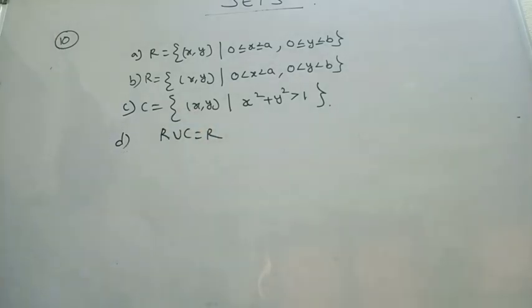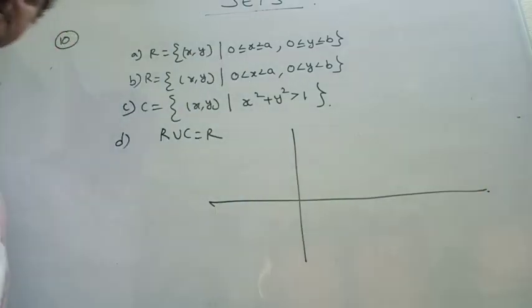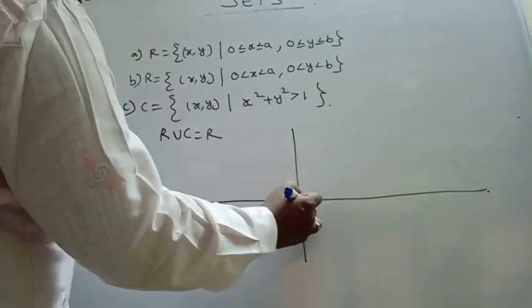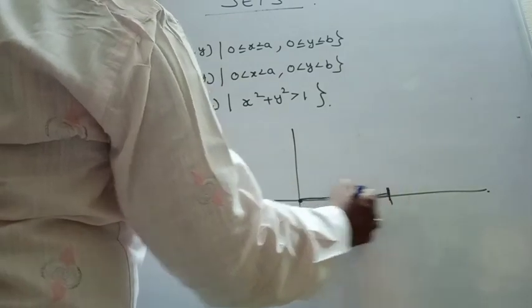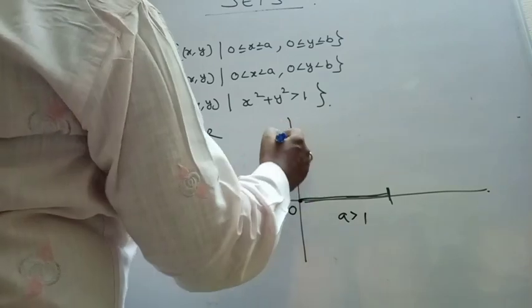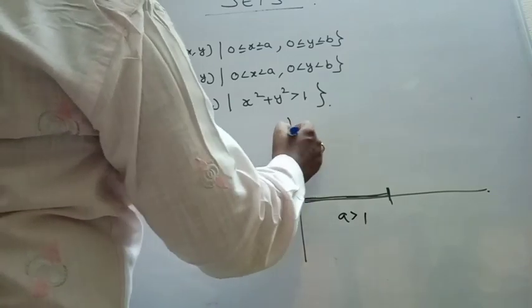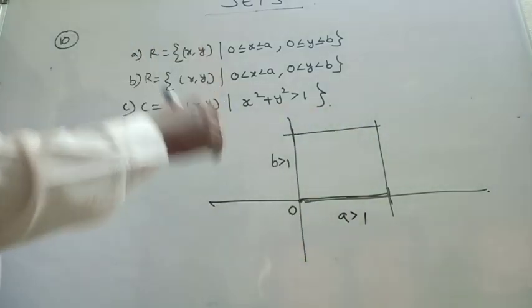You see, my dear students, actually this is in the coordinate plane. If we write this, we have the origin, and they have given that the side a is on the x-axis, a greater than 1, and we have here b, which is also greater than 1. By joining this, you will get this rectangle, and they told that the points are inside the rectangle.